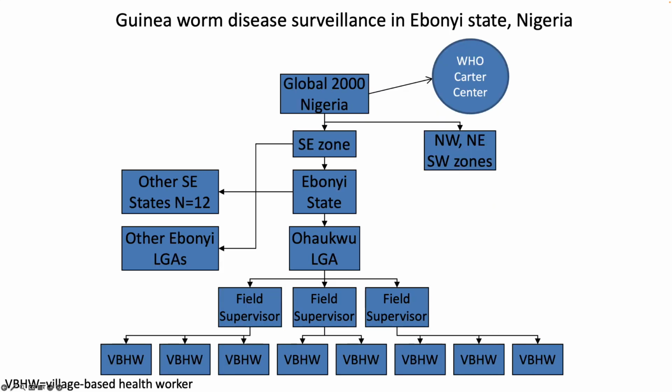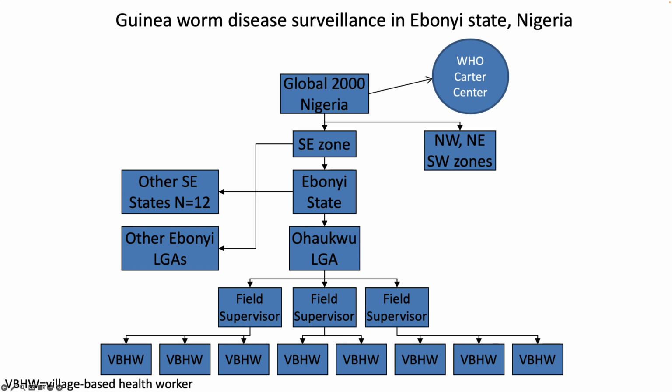And then taking this process to scale, starting from the bottom of the schematic here, there are, of course, many village-based health workers working across all of the different villages in a given local government area. They report their cases to their field supervisors. These go to the person who's responsible for guinea worm eradication work of the entire local government area, which in turn goes to the state level of Bonyu state.